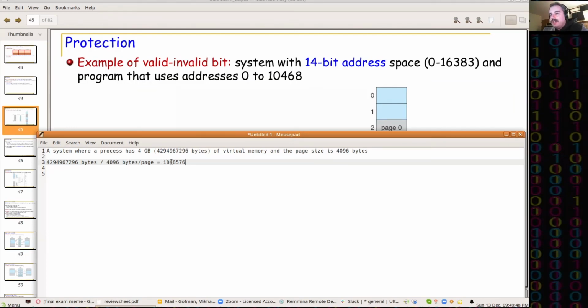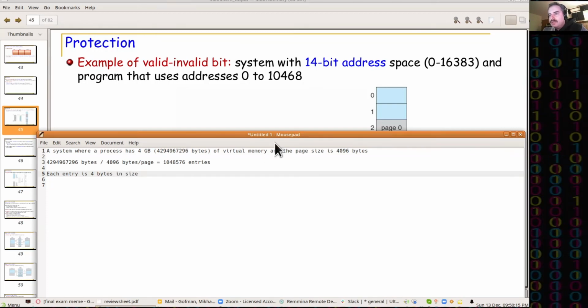That's a lot of entries, okay? So this page table will require a significant amount of contiguous memory. Just how much? Let's say that each entry is 4 bytes in size.